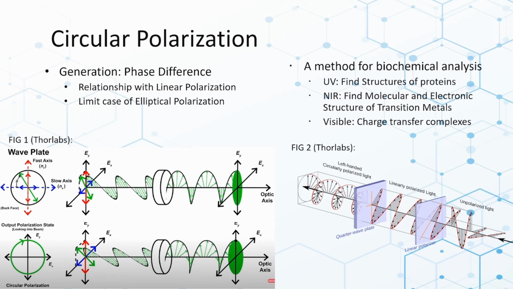When linearly polarized light passes through a quarter wave plate, and the direction of linear polarization is not parallel with the fast axis or slow axis, the electric field vector will have a component in each of the directions of the two axes. Then the two components will have a phase difference of a quarter wavelength.